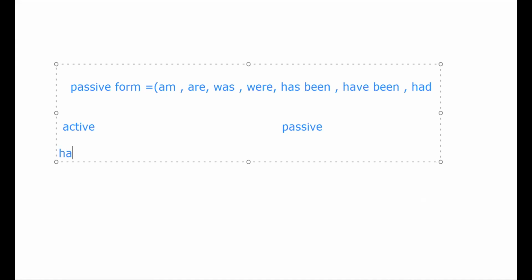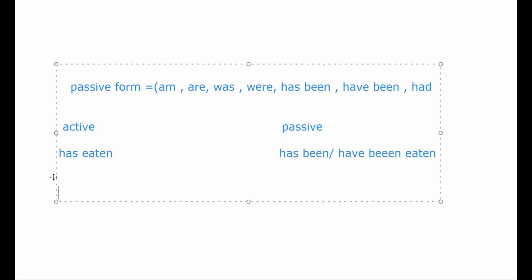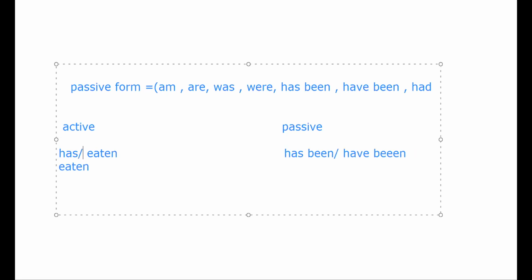Next one. Present perfect. How does it look? Has eaten. How do I change this into passive? Whenever I have has, have, had, simply the B form becomes has been or have been, plus V3, eaten. Same with have eaten, has eaten or have eaten, depends.